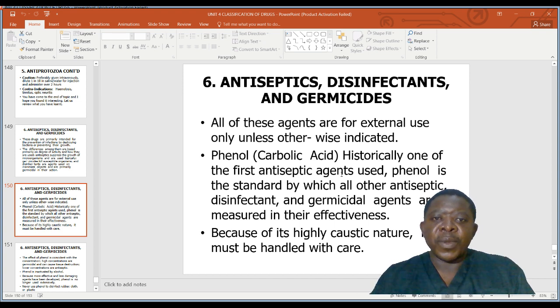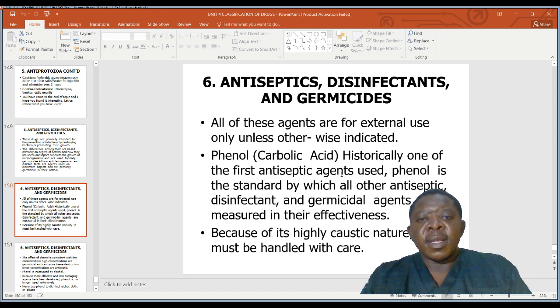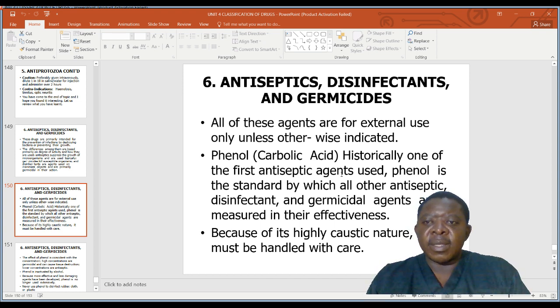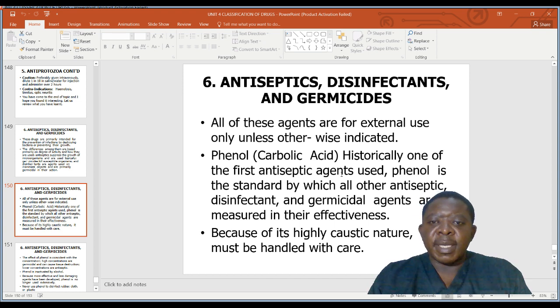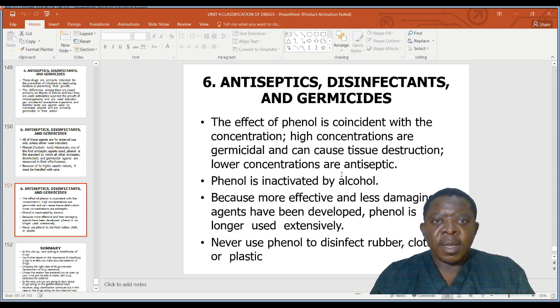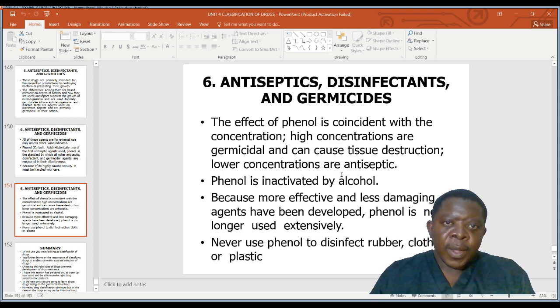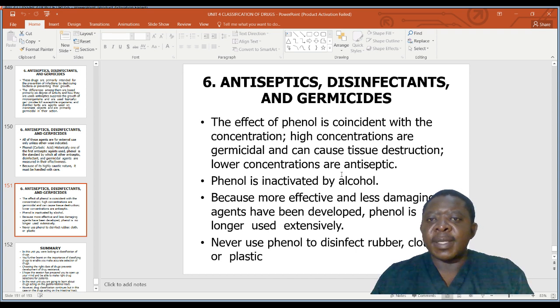So we have phenol, that is carbolic acid, historically one of the first antiseptic agents used. Phenol is the standard by which all other antiseptic, disinfectant, and germicidal agents are measured in their effectiveness. Because of its highly caustic nature, it must be handled with care. The effect of phenol is coincident with the concentration.